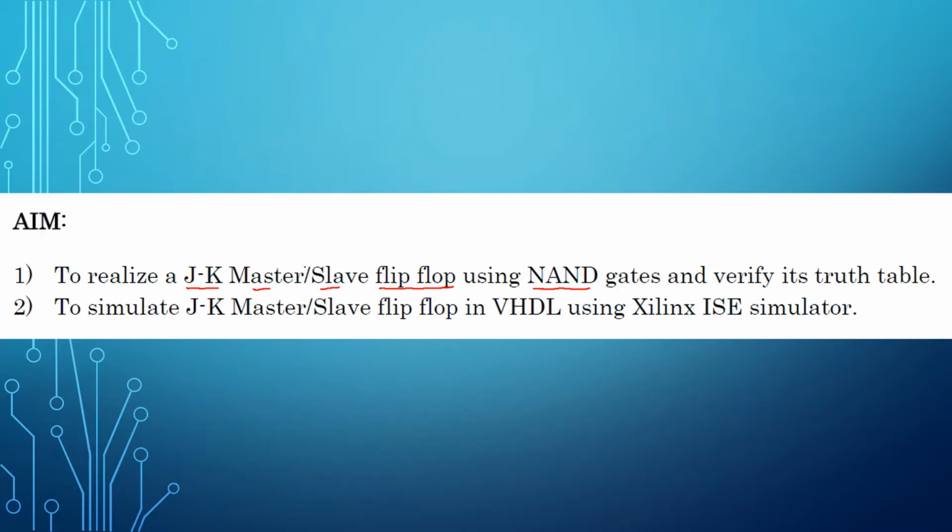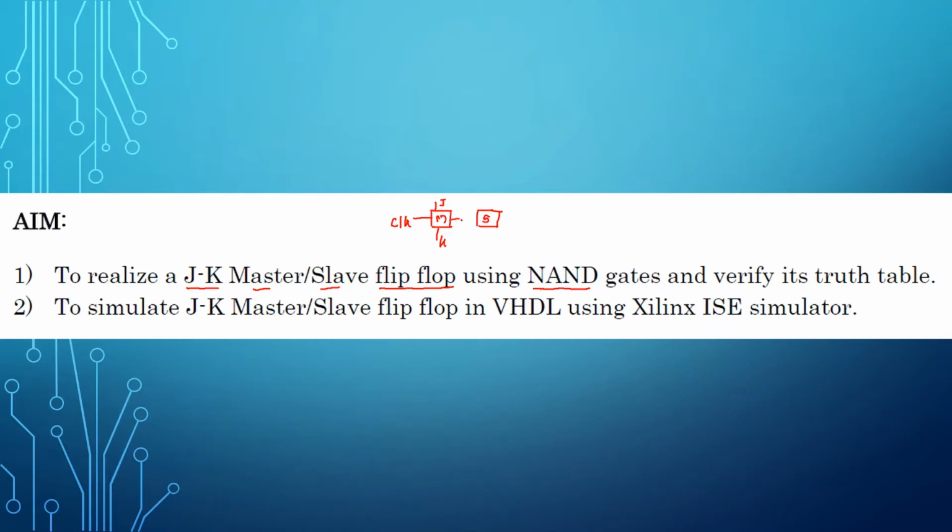In this master slave flip-flop, it is a combination of two flip-flops: one called the master and one called the slave. Both are given two inputs. Let me say one input is J and one more input is K. In addition to this, I'll be giving a clock input. This is your master and this is your slave, and they are connected.